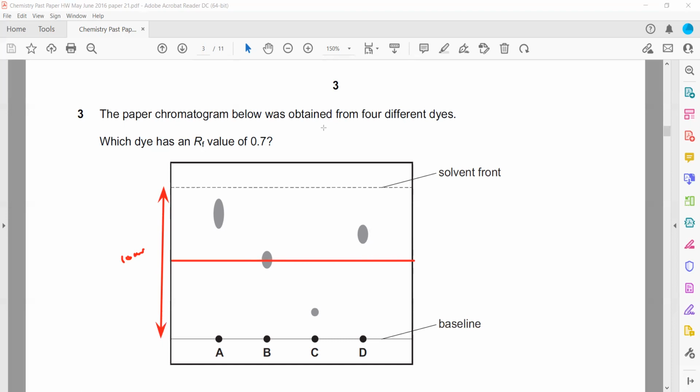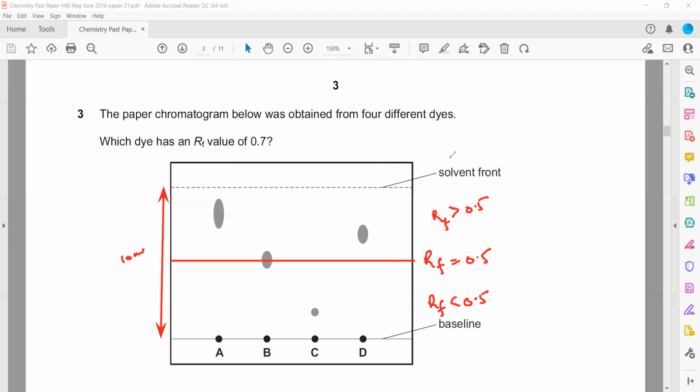Spots which are on the line will have an RF value of 0.5. Spots below the line will have an RF value less than 0.5, and spots above this halfway line will have an RF value more than 0.5. So we can locate the RF value depending on the position.